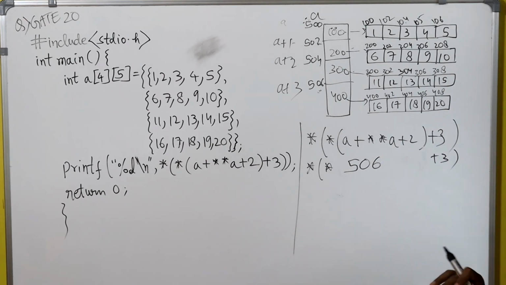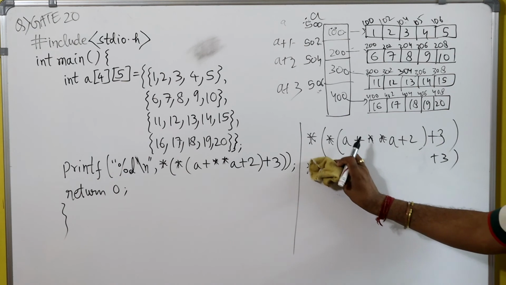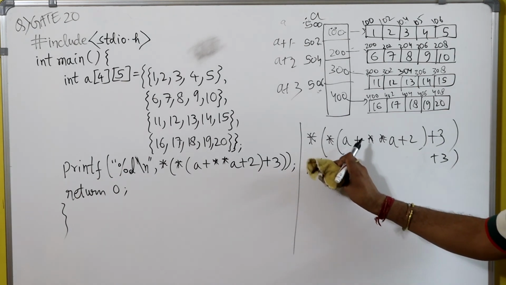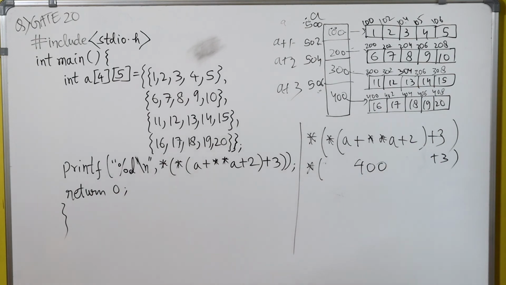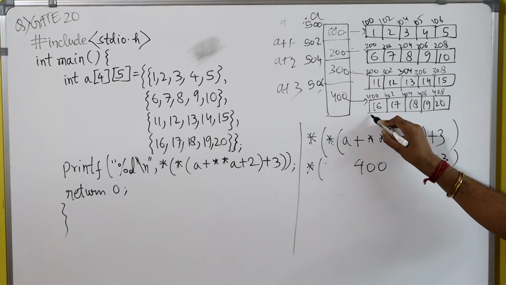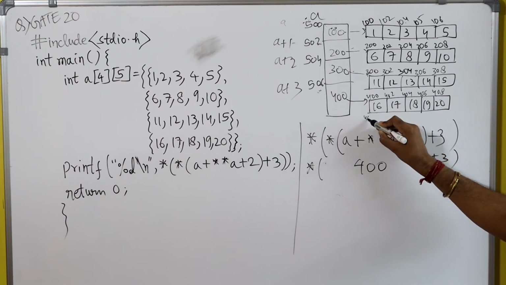So let's replace this star of 506 with 400. Now what do we have left? 400 plus 3. 400 plus 3 means what? This is 400, the address of this element is 400.